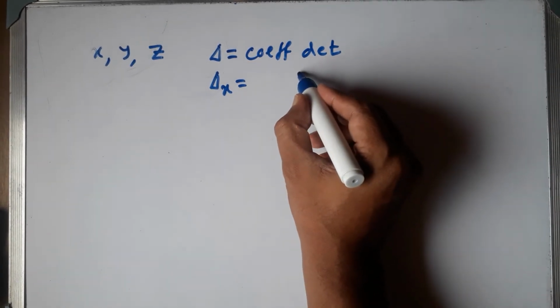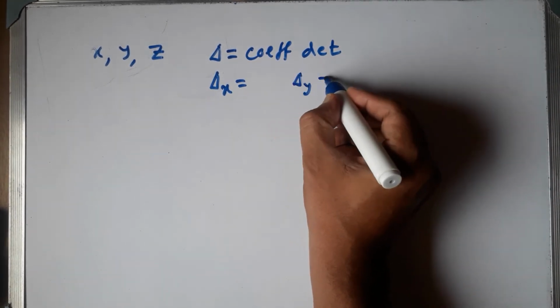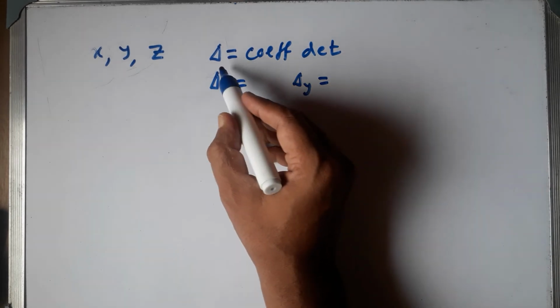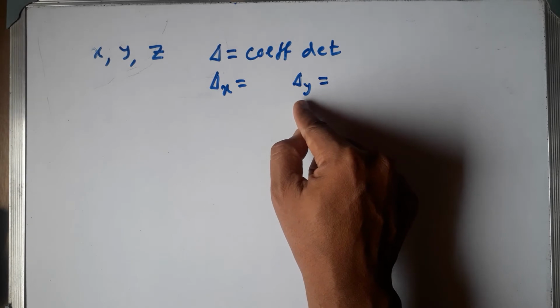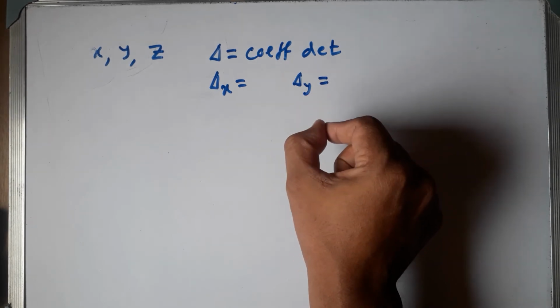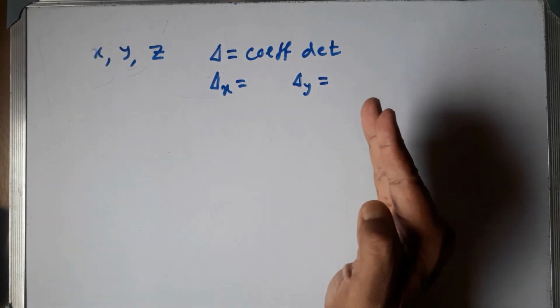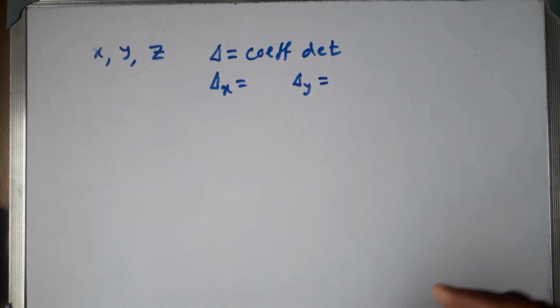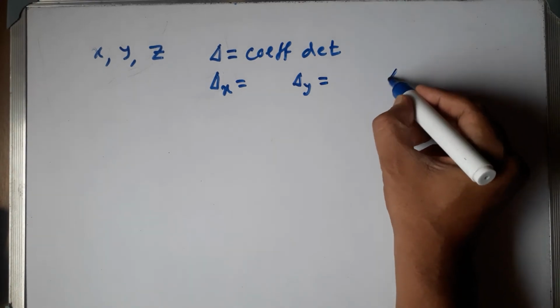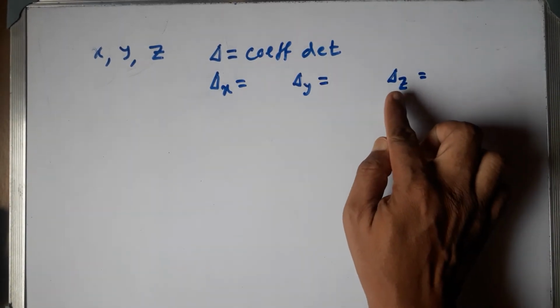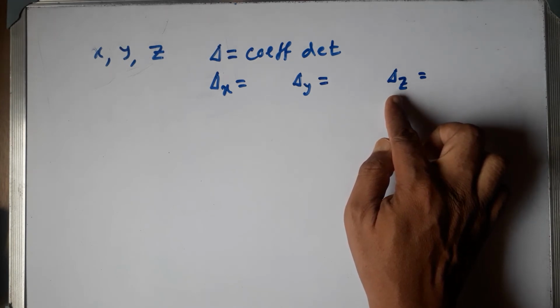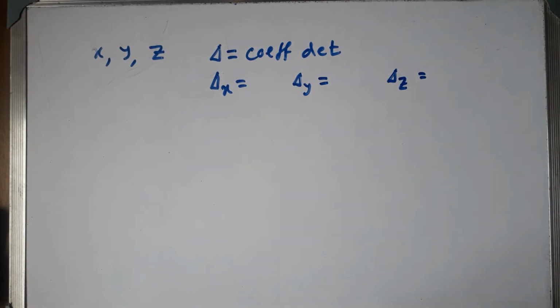Then we shall calculate delta y, where the second column of delta is replaced by small b, the constants on the right hand side of the equations, and then delta z, where the third column of delta is replaced by the constants on the right hand side.